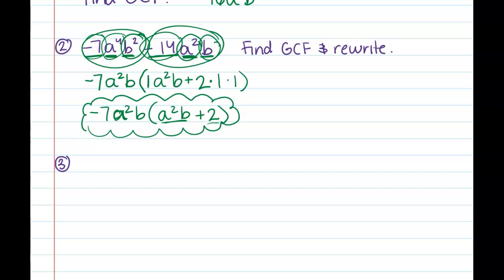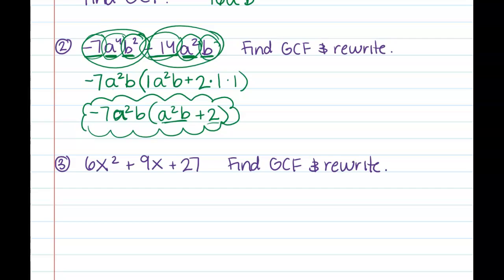Now for the third one, 6x squared plus 9x plus 27. We're just going to take out a GCF, find the GCF and rewrite. For now, we're not going to go any further. So for our GCF, we have numbers and x's. As far as numbers, the largest number we can divide all these by is 3.